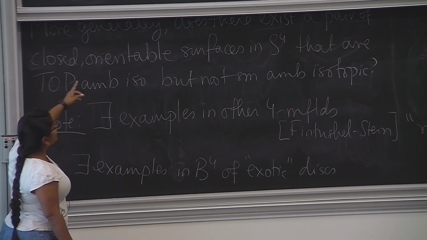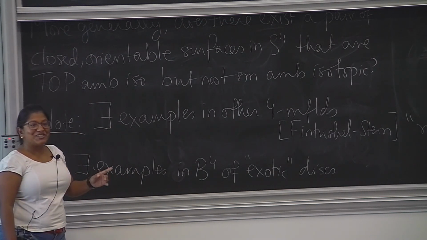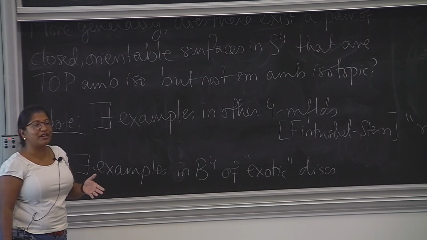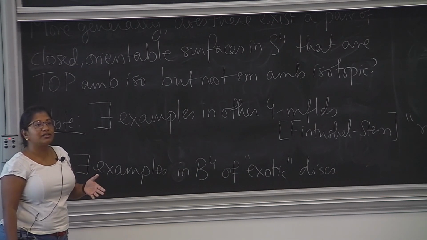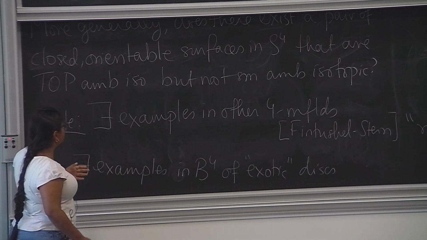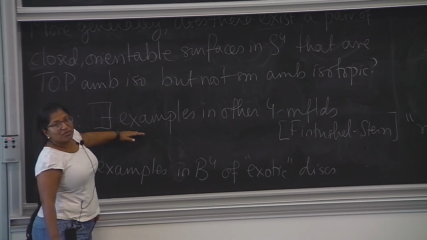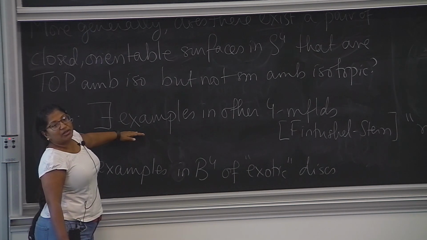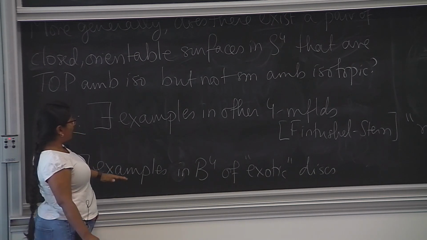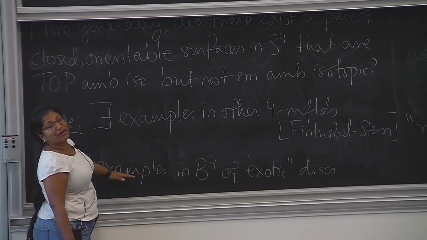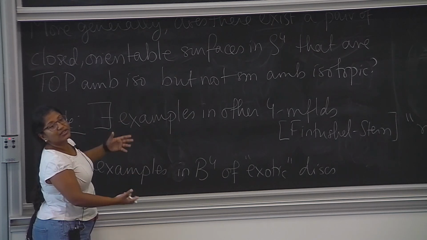The point I want to make is that they don't work in S4. So even though we are very good at finding exotic surfaces, you really need something interesting either going on in the topology of the four manifold, or in the boundary, because that's somehow where our invariants are going to come from.